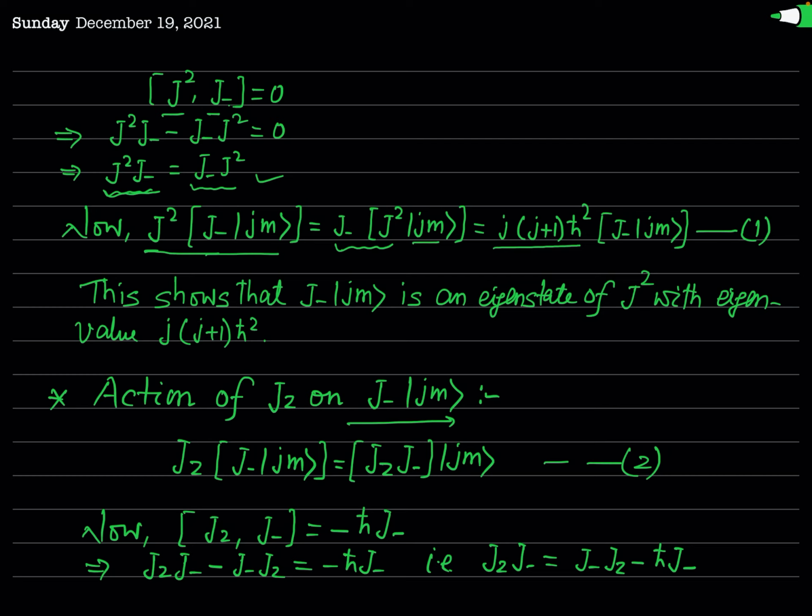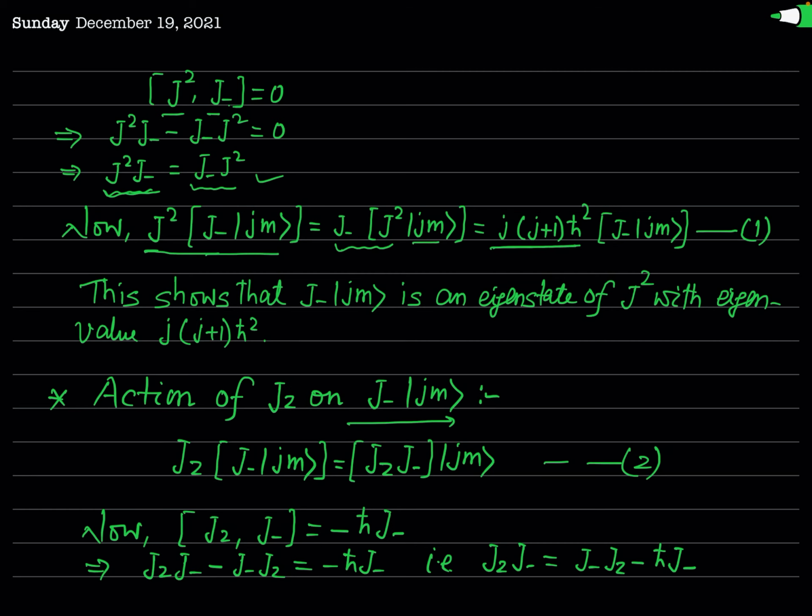This is simply the eigenvalue equation of the operator J² when the eigenstate is J₋|k,j,m⟩. But surprisingly, you can see here that the eigenstate is different from |k,j,m⟩. Now the eigenstate is J₋|k,j,m⟩.